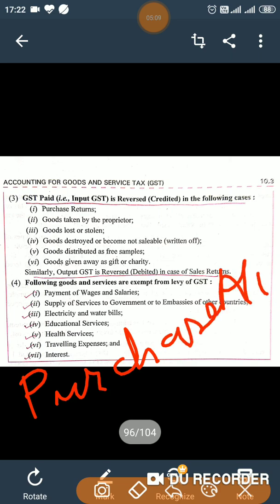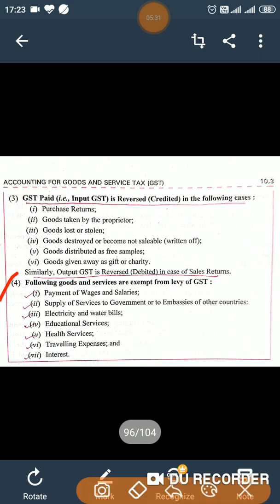So when you are crediting the purchase account, then definitely whatever amount of GST you paid at the time of purchase will also be credited. This is the point I am trying to explain: GST paid is reversed or credited in the following cases, right?